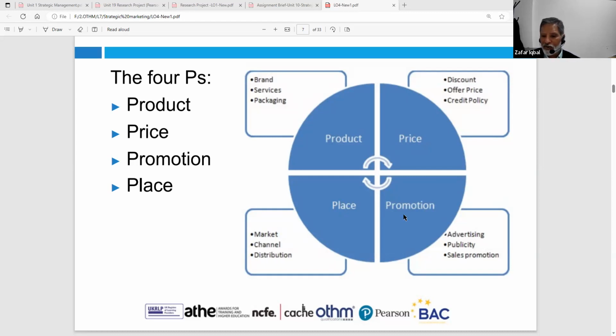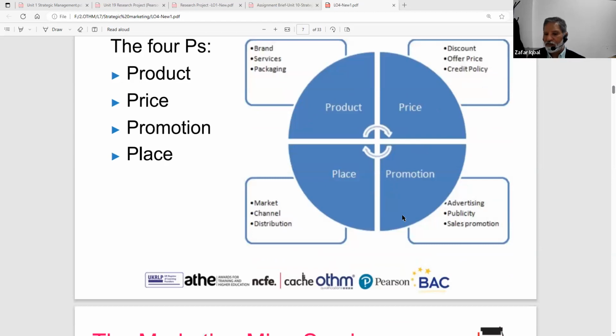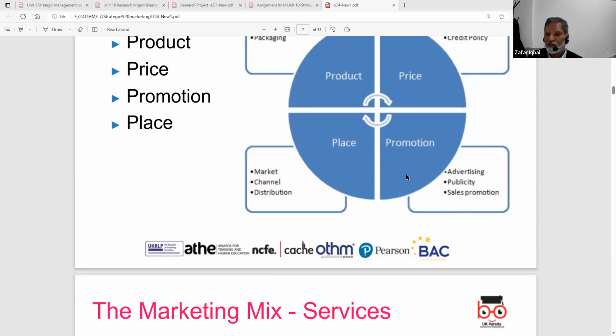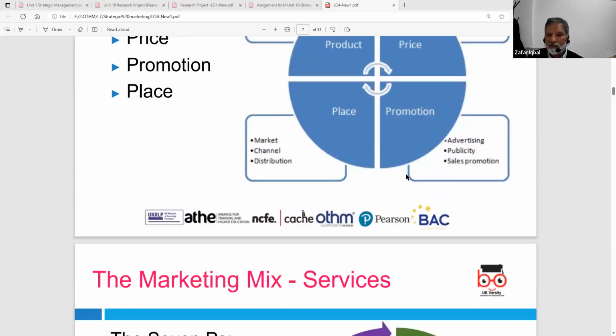Promotion consists of the ways a product is publicized. For example, how it's advertised, sales promotion, and the channels promoting the business: advertising, publicity, public relations, exhibitions.